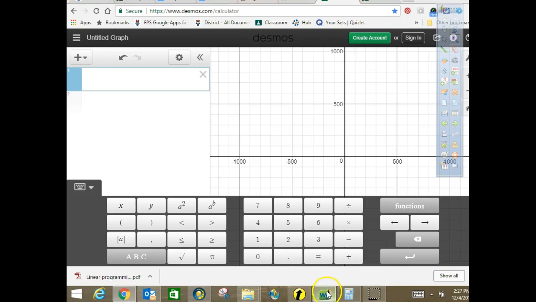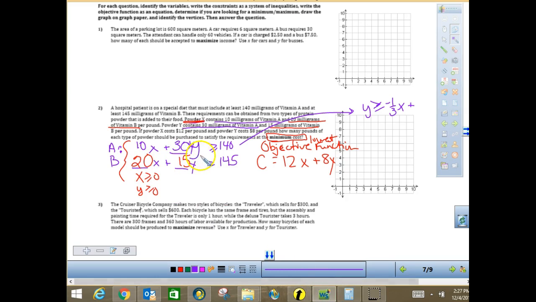So if I'm going to go to my calculator, I can put in the equation as it was written, 10x plus 30y is greater or equal. But you want to make sure you know how to graph these on your own also. So let's just put this in so you can see your solution.